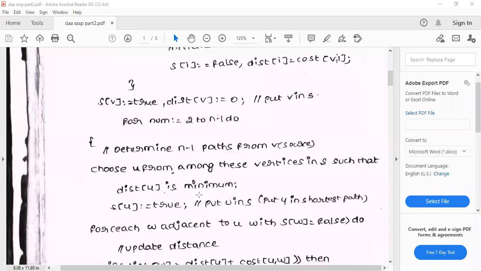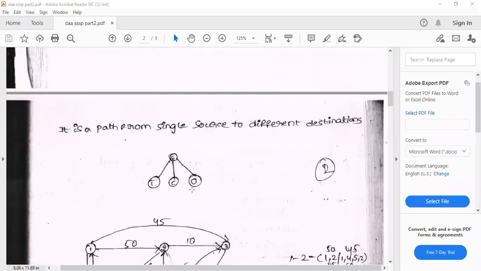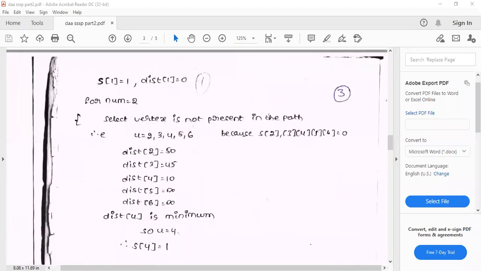Suppose S of 2, S of 3, S of 4, S of 5, S of 6 equal to 0. So select the minimum distance vertex from the source vertex.